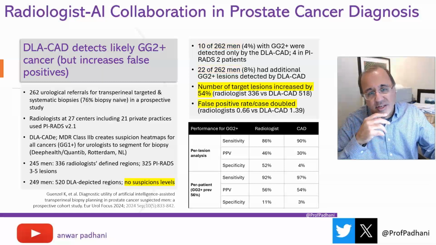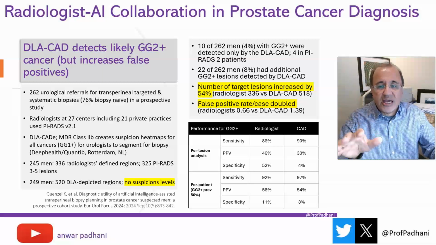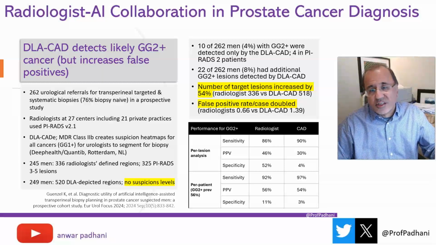On the other side, the number of target lesions increased by 54%. So the radiological targets were 336, the biopsied deep learning targets were 518. So a huge increase. And therefore, the number of false positive lesions per case also more than doubled, from 0.66 to 1.39. So that's the flip side.